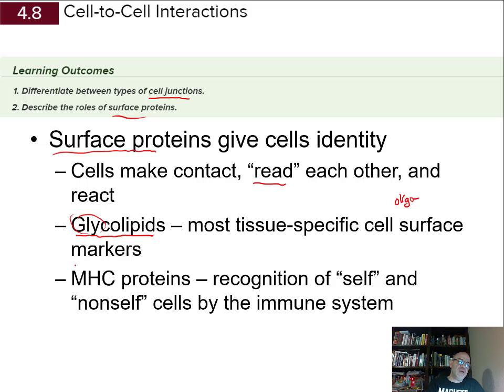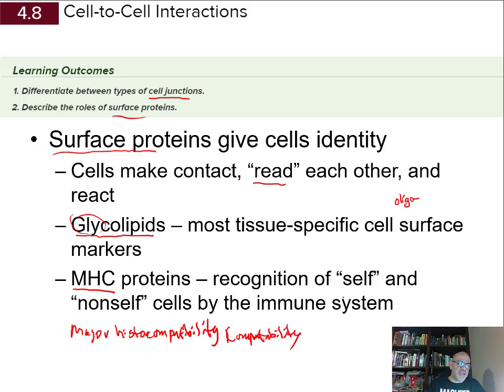There's also a more broad category called MHC proteins, and that stands for major histo, which means tissue, compatibility proteins. The C is for compatibility.